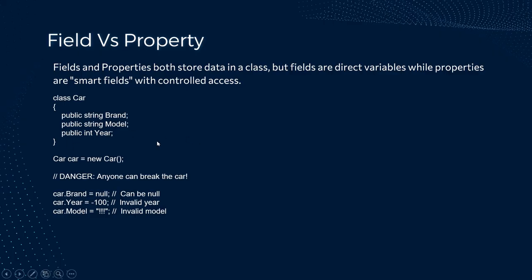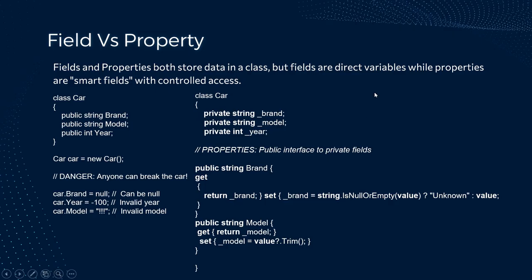But let's look at the properties and how they work. Let's look at this car class. We have the fields, which I have made private: private string _brand, _model, and _year. Then we have the property here. You identify a property by its getter and setter methods.